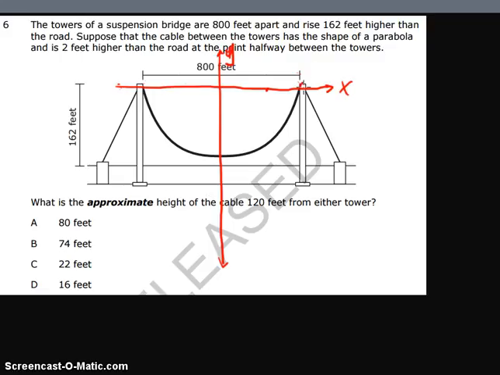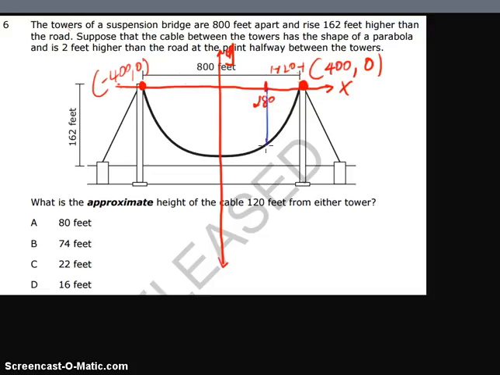So the coordinate of this point is going to be (400, 0) because I'm on the x-axis, and this one is going to be (-400, 0). And 120 feet away from that is going to give us this point. If you subtract 120 from 400, you get 280. So our x is actually 280, and then we're looking for the height at this point.